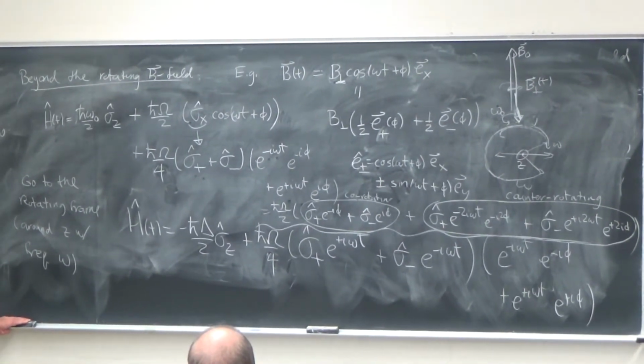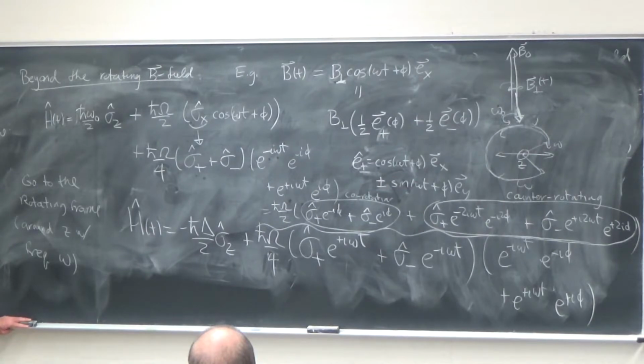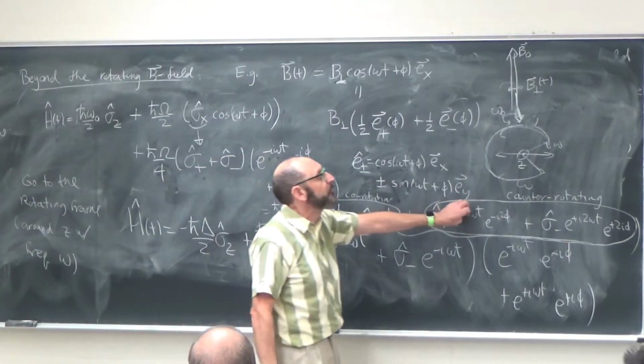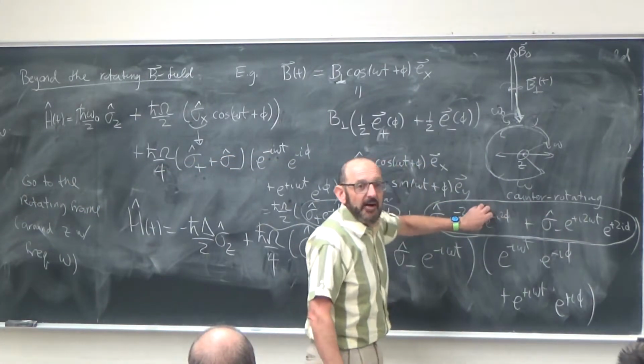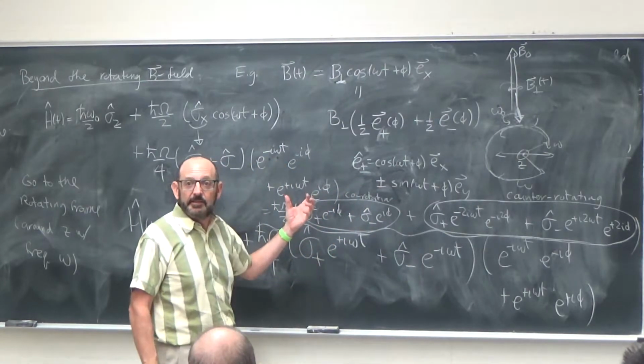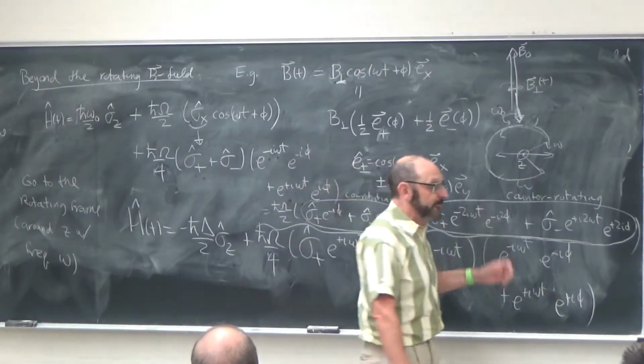if you try to solve the Schrodinger equation in this problem, you're going to have time-dependent coefficients here because we haven't gotten rid of all the time dependence. There is remaining time dependence.